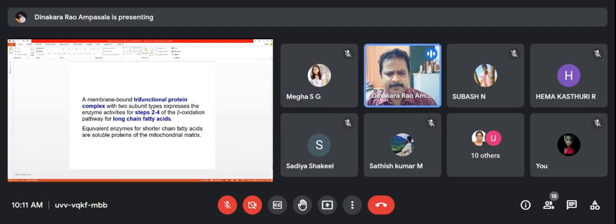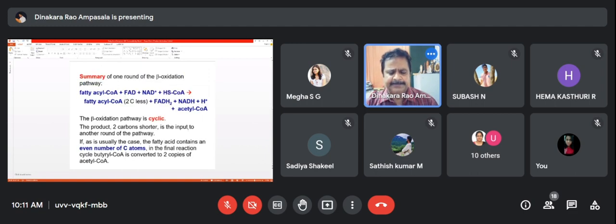So this is a membrane-bound trifunctional protein complex, whose two subunit types express the enzyme activities for steps 2 to 4 of the beta oxidation pathway for long chain fatty acids. Equivalent enzymes for shorter chain fatty acids are soluble in the mitochondrial matrix. So, a summary of beta oxidation: you can see one round of beta oxidation.